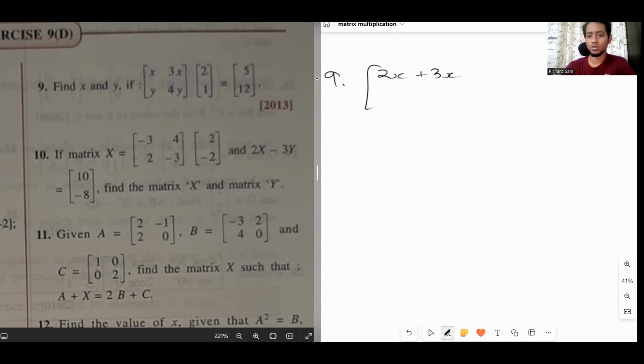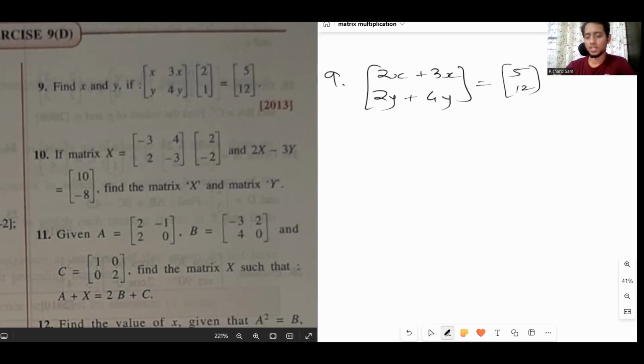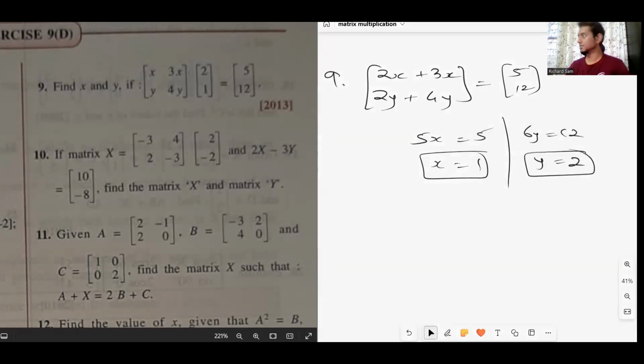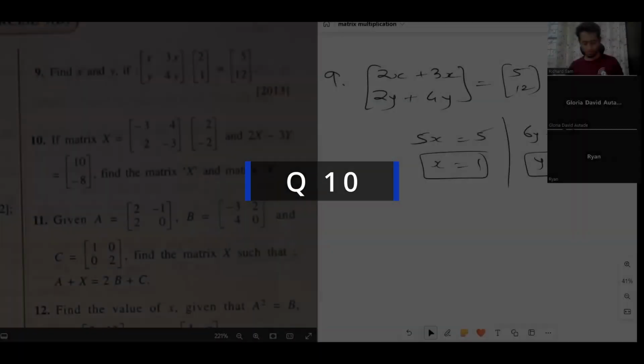So y into 2, 2y, plus 4y into 1, 4y. So you just have two values. One column only is equal to 5 and 12. So first 2x plus 3x, that is 5x, is equal to 5. So x is equal to 1. And here 2y plus 4y, that is 6y is equal to 12. So y is equal to 2, that's it.